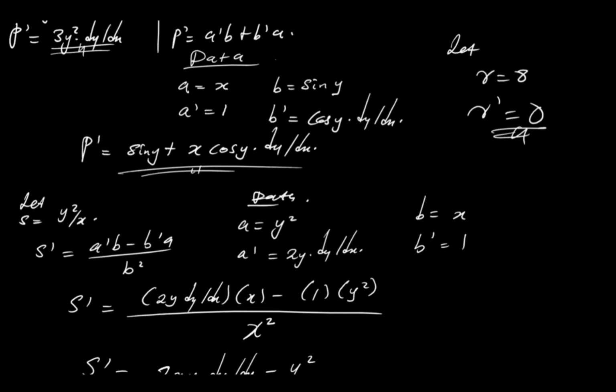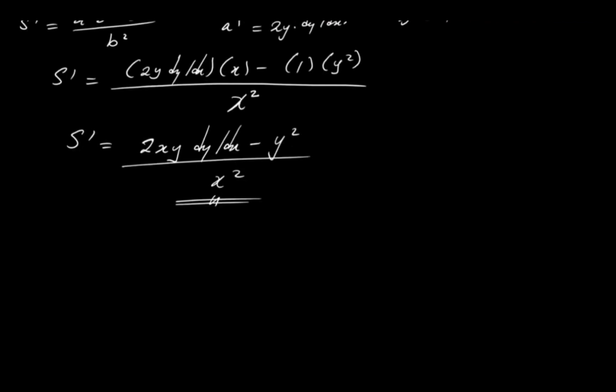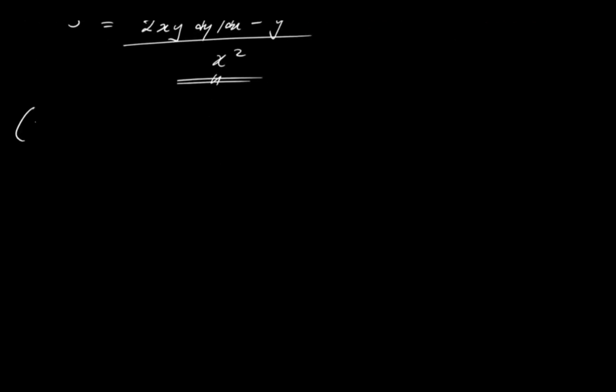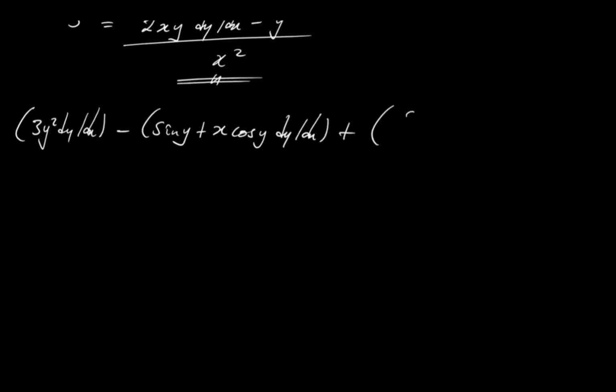So if we now plug them back into the statement, what we'll have is this. We have the first one, 3y squared dy over dx minus sine y plus x cos y dy over dx plus, we also had 2xy dy over dx minus y squared over x squared.